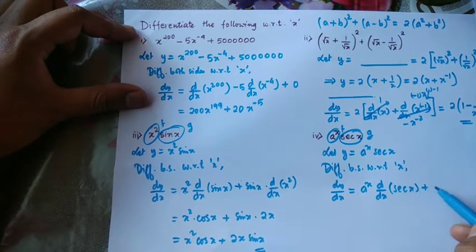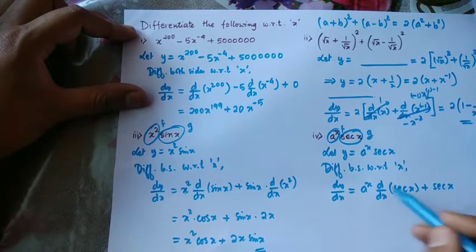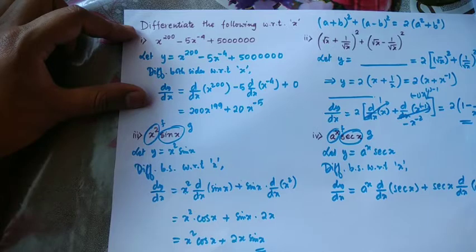plus now we'll keep sec x as it is and we'll differentiate a to the power x, d by dx of a to the power x. Now differentiation of sec x is sec x tan x. All this I'm writing from the given formula. Now sec x into, differentiation of a to the power x is a to the power x log a with the base e.